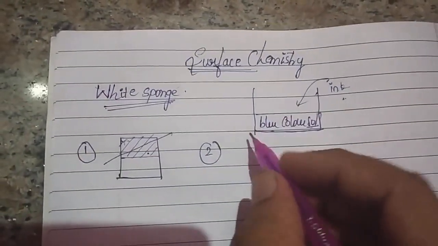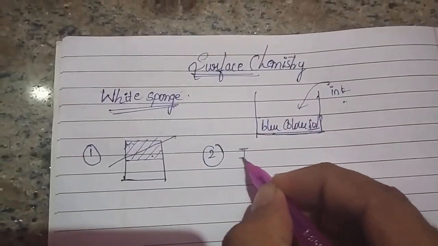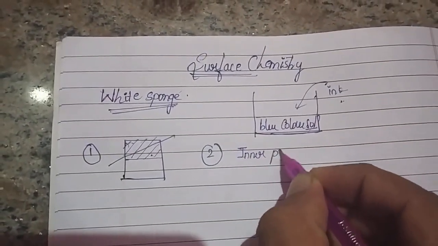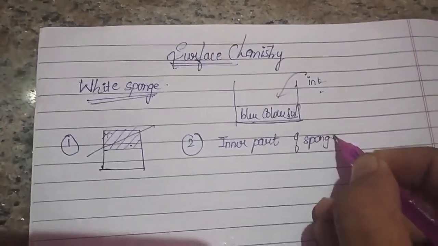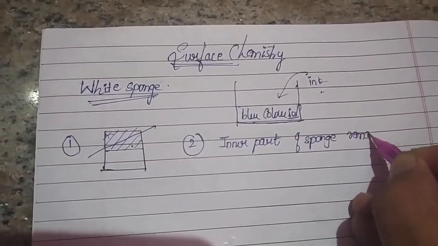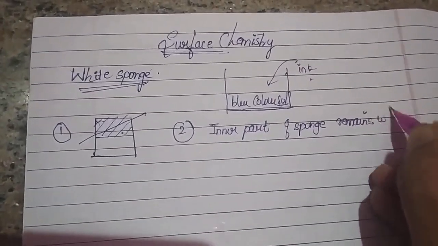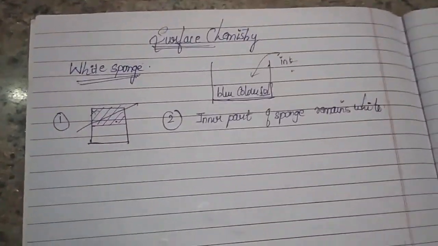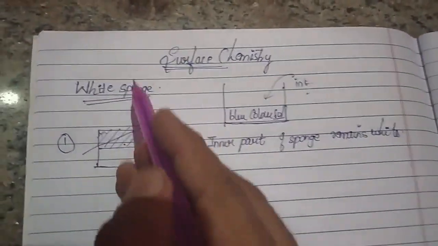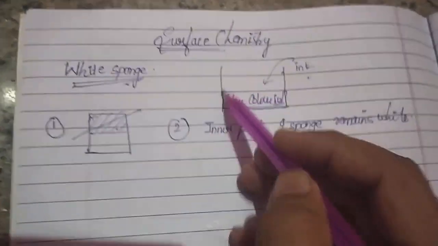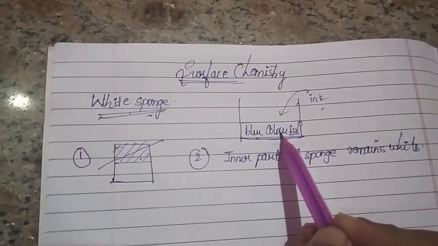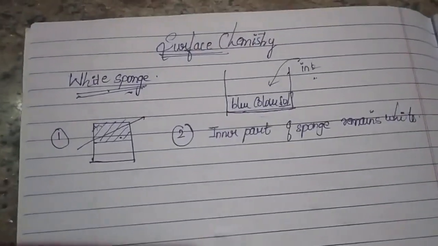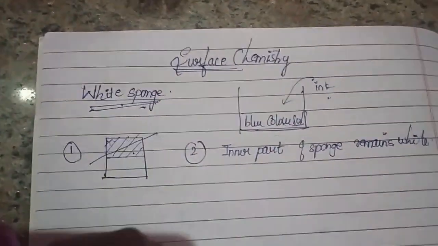So what you could see is that the inner part of the sponge remains white itself. So what is your task? You take a white sponge and a blue colored solution, dip the white sponge in the blue solution, remove it at an instant of time and tear it.